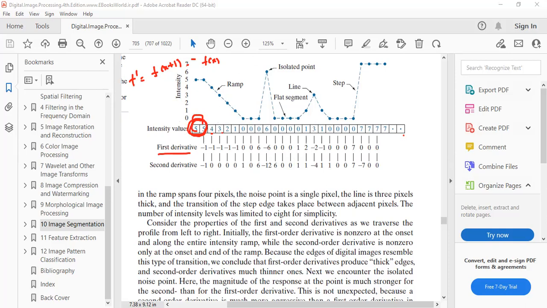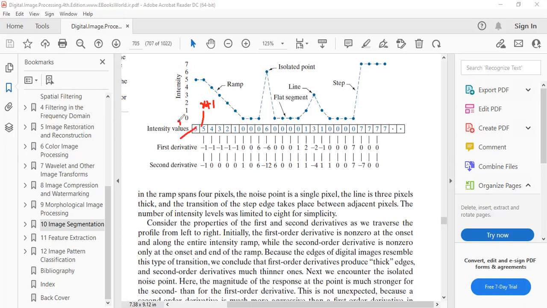We have to calculate the differences of these two. This one is x plus 1, this one is x.